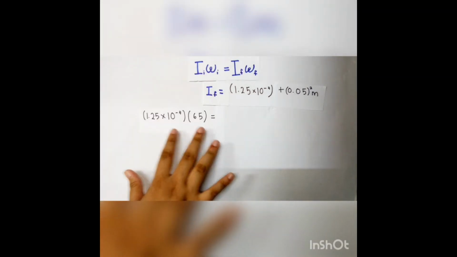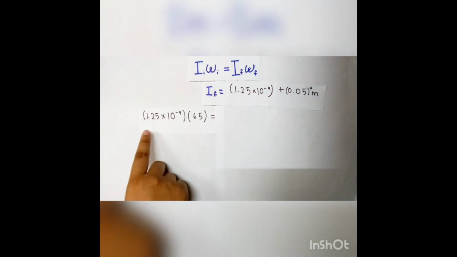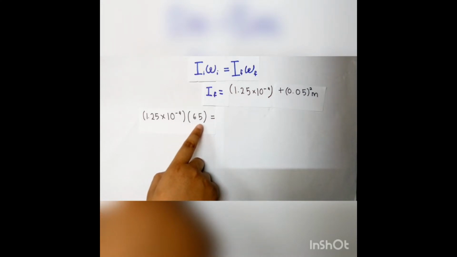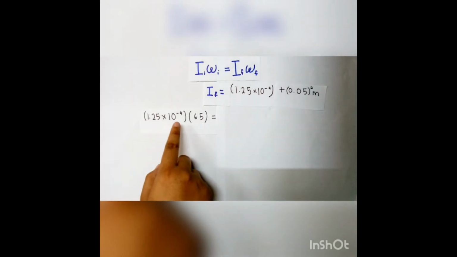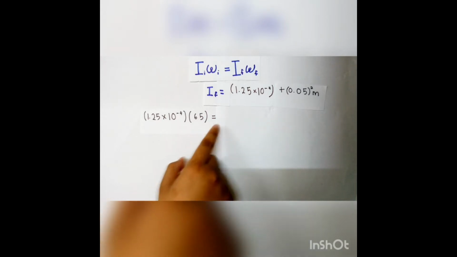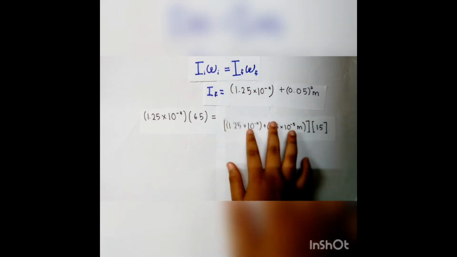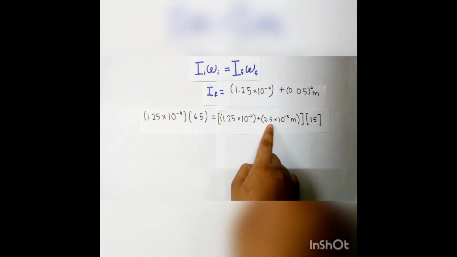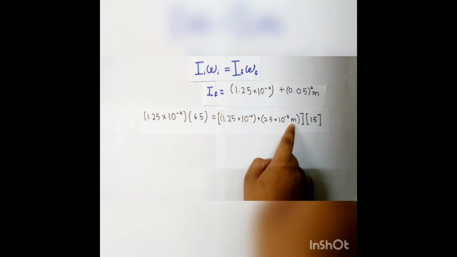First, we have the initial angular momentum, which is 1.25 times 10 to the power negative 4 times 65, where 65 is omega. So 1.25 times 10 to the power of negative 4 times 65 is equal to 1.25 times 10 to the power negative 4 plus 2.5 times 10 to the negative 3 m.